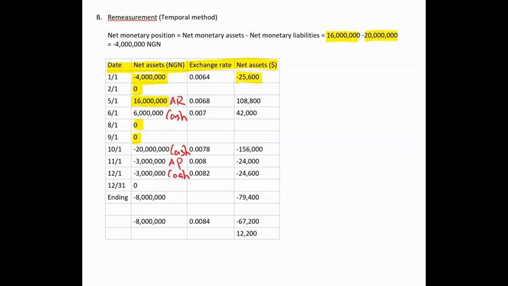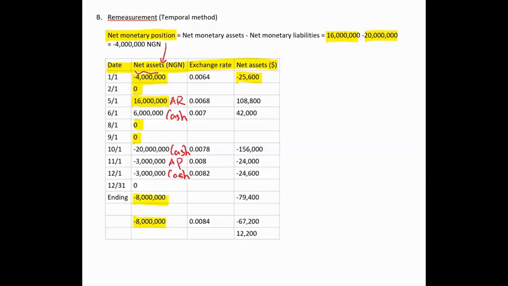So far we have input all the numbers that have an impact on the company's net monetary position. It's not actually net asset, it's net monetary position. The ending balance in foreign currency is going to equal 8 million.